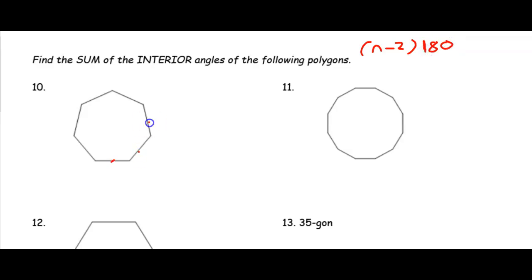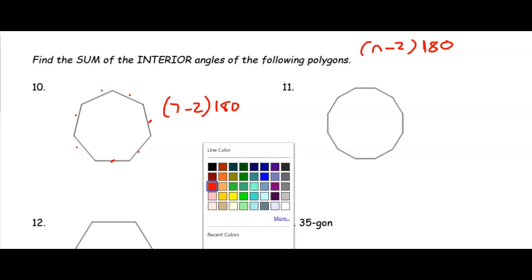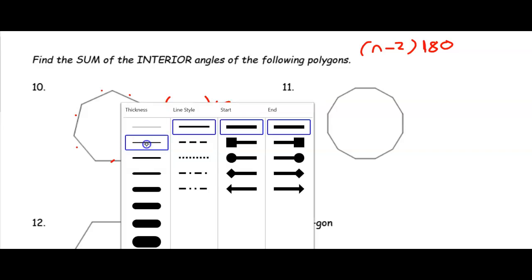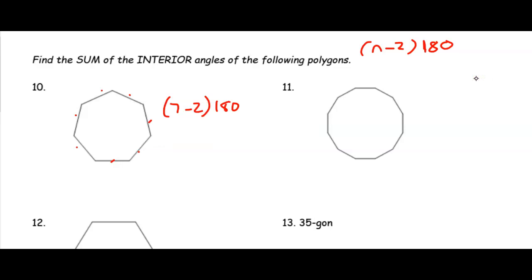All right, so 1, 2, 3, 4, 5, 6, 7. So it'll be 7 minus 2 times 180. Okay, so back on track here. So n minus 2 times 180. So 7 minus 2 times 180 is 900 degrees.